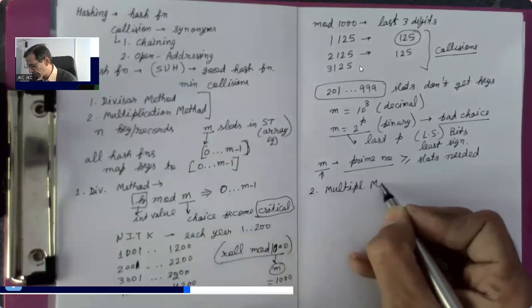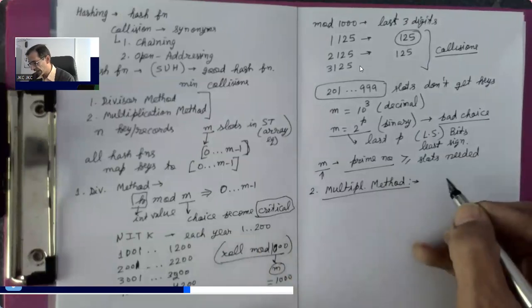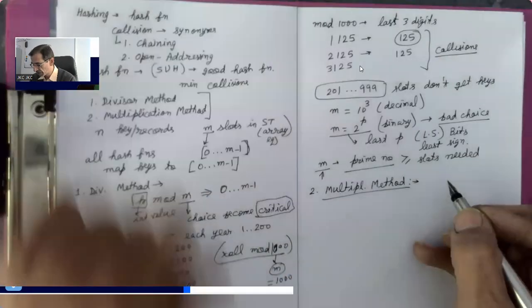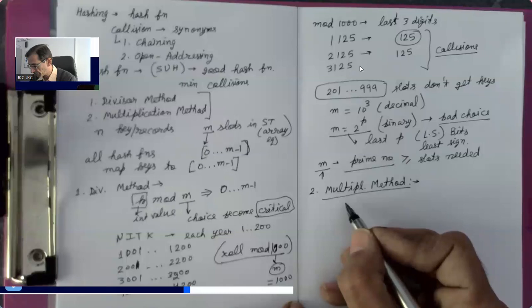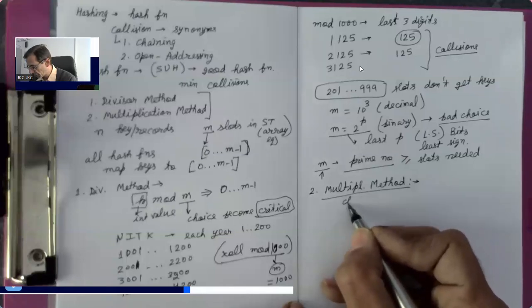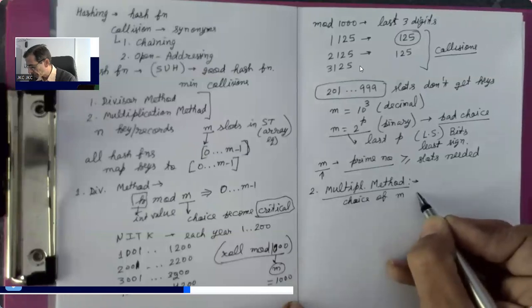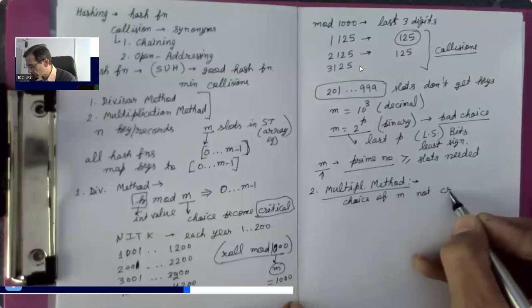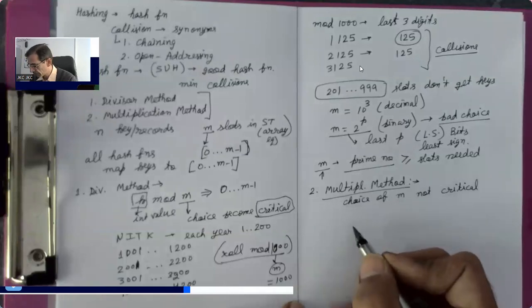So the multiplication method is another alternate for making a hash. How does it work? Instead of making M very critical, the choice of M will not make much of a problem, because I will not be fully dependent on M only.